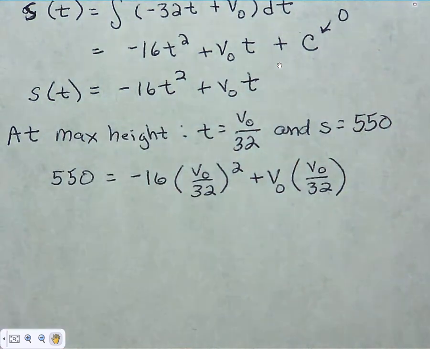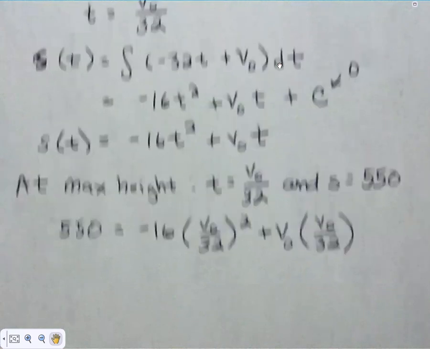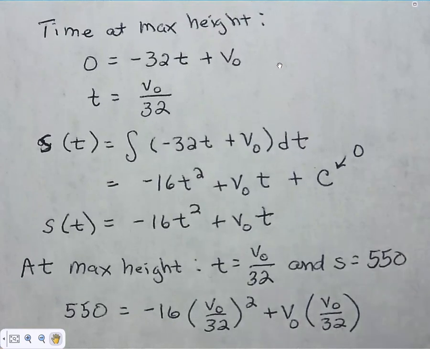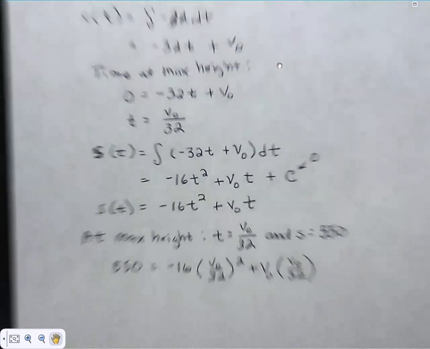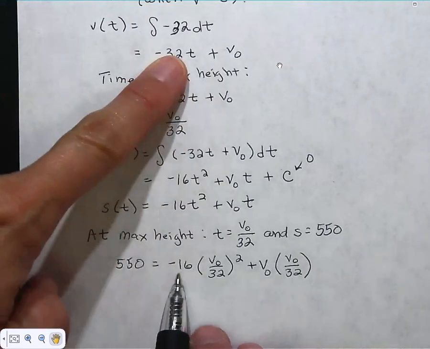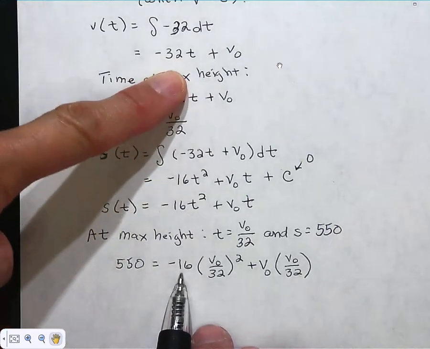Let me just double check that. Actually, nope, I need to put that into the velocity function. The velocity function was negative. No, that's right.